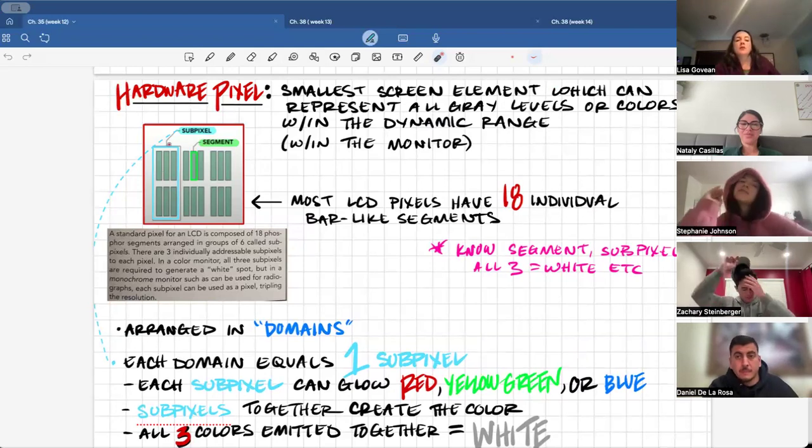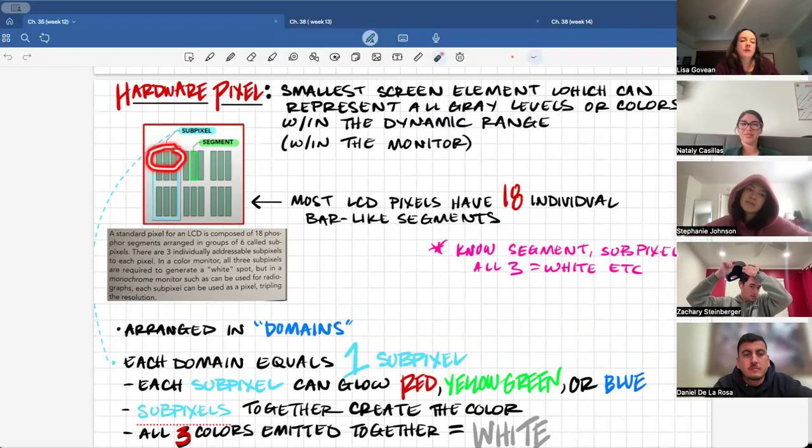If it was just three of them, like these ones only, would that be the domain? So each clump of three is a domain. A pair of domains together is a subpixel. And the segment was just the one individual bar. Got it. Thank you.